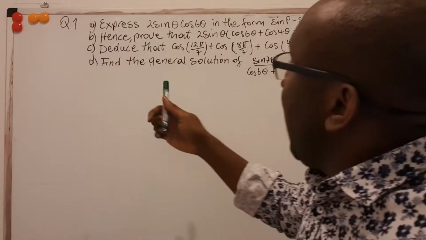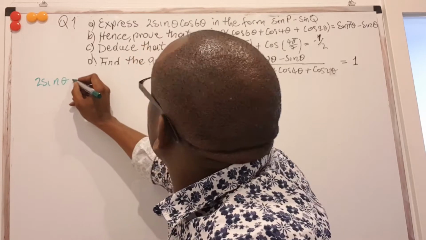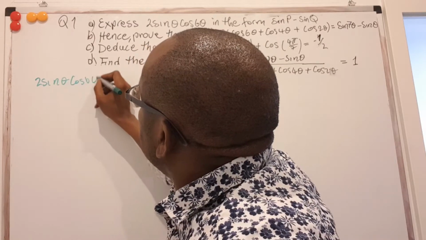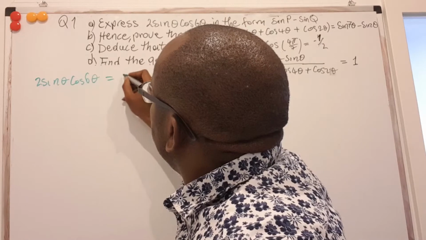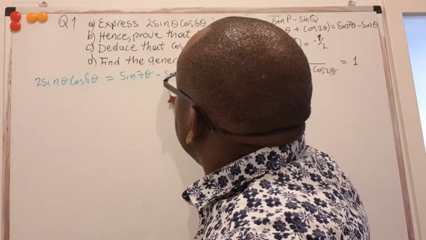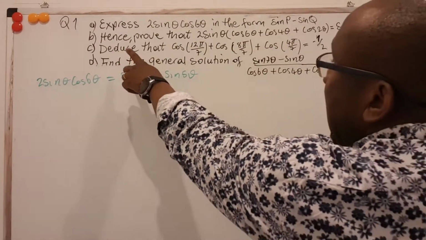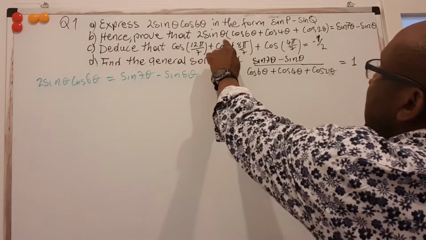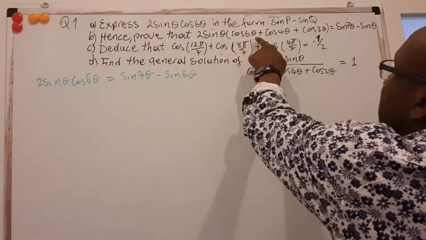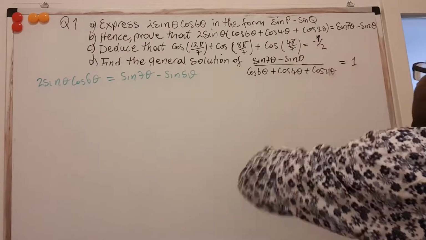So it's good to keep in mind that we already have seen that 2 sine theta cos 6 theta can be expressed as sine 7 theta minus sine 5 theta. So the B part says, hence, prove that 2 sine theta into brackets cos 6 theta plus cos 4 theta plus cos 2 theta is equal to sine 7 theta minus sine theta.